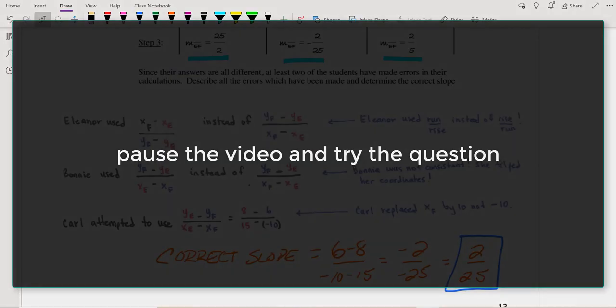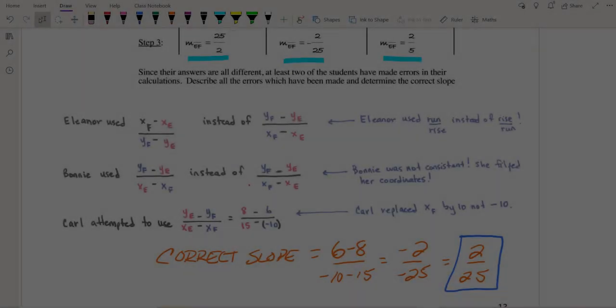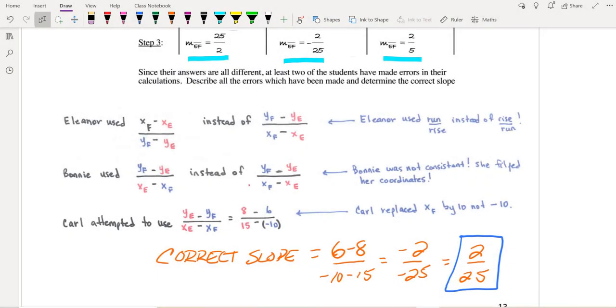Hopefully you noticed that all 3 made some sort of mistake. Eleanor used run over rise instead of rise over run. Right? So x values divided by y values. Bonnie was not consistent with her coordinates.